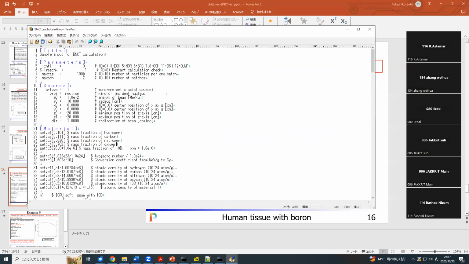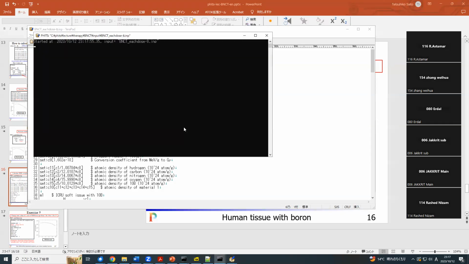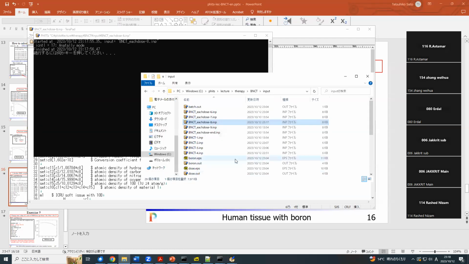Exercise 8. So simply change the 17 and delete this one and run FITS. So it suggests that you run FITS with anatomy mode, and we got the RBE weighted dose.